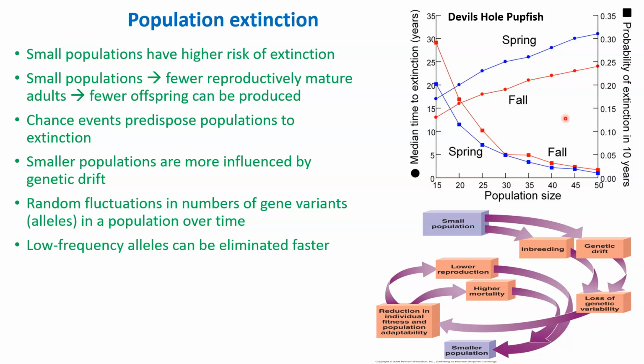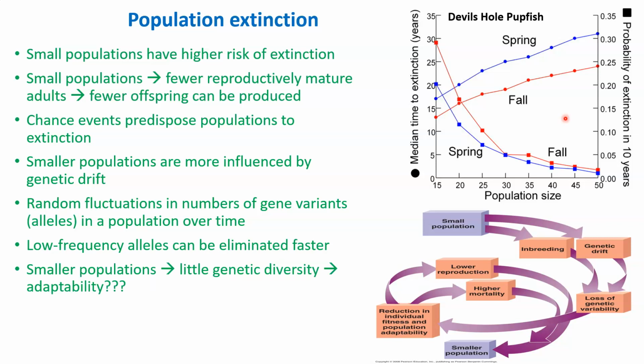And also, low frequency alleles can be eliminated faster in a smaller population, right? So smaller populations will quickly reach lower genetic diversity. So what's the problem with reaching lower genetic diversity? Well, it is the genetic diversity that creates the backbone for adaptation.